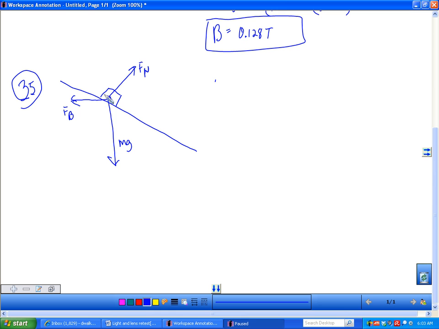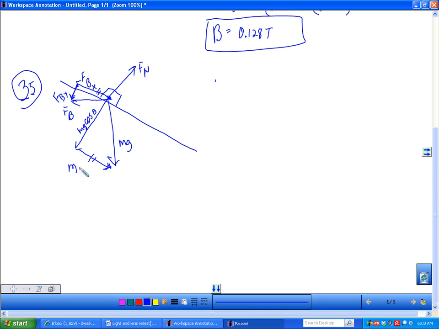And so it's got a component that's parallel to the ramp and perpendicular to the ramp. So I'm going to call this my force of magnetic field strength X and my force of magnetic field strength Y. I know that this has a weight component, mg cosine theta, that's equal to my normal force, and that this part of the weight is balancing that right there.